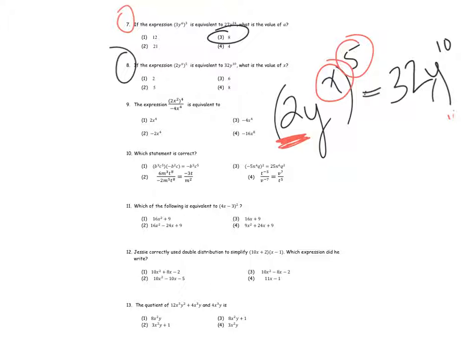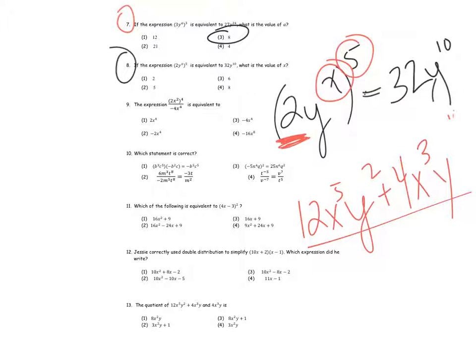Good. Binomial means 2 terms, and monomial means 1 term. So right now I have 12x to the 5th y squared plus 4x cubed y, all being divided by 4x cubed y.